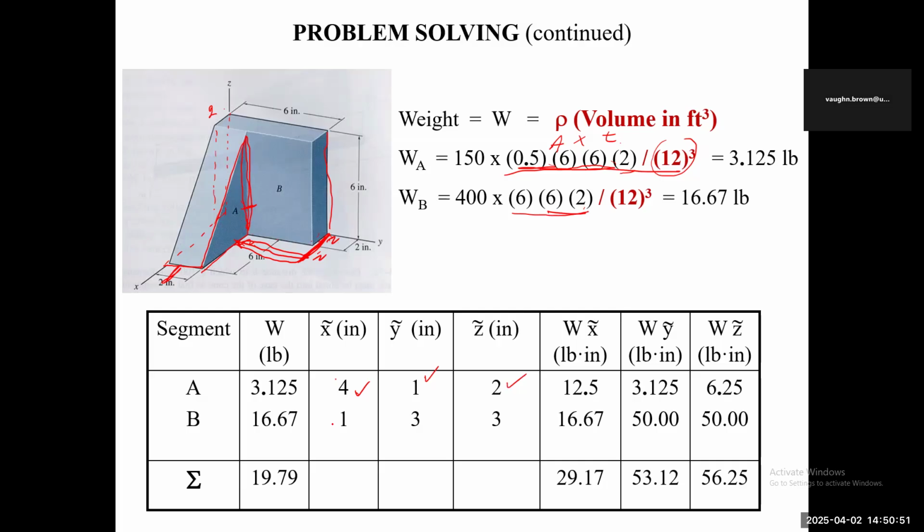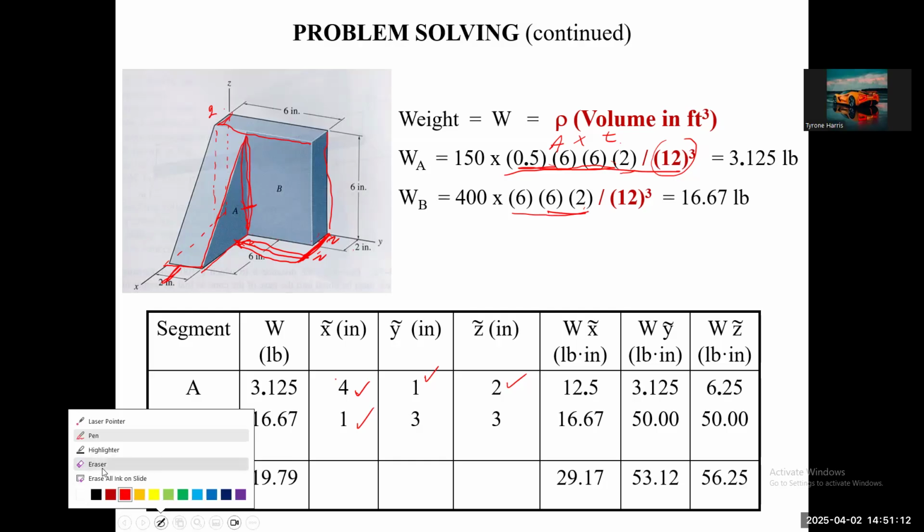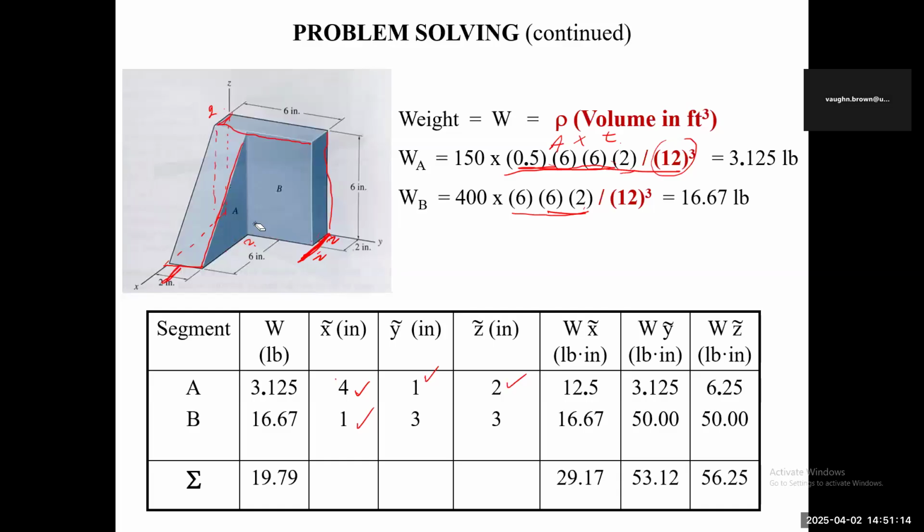What about x bar for the cuboid? The cuboid is a little bit easier to see. So you have the cuboid here. Your x is 2, so it's half of 2, you get 1. And for y, how much is it?